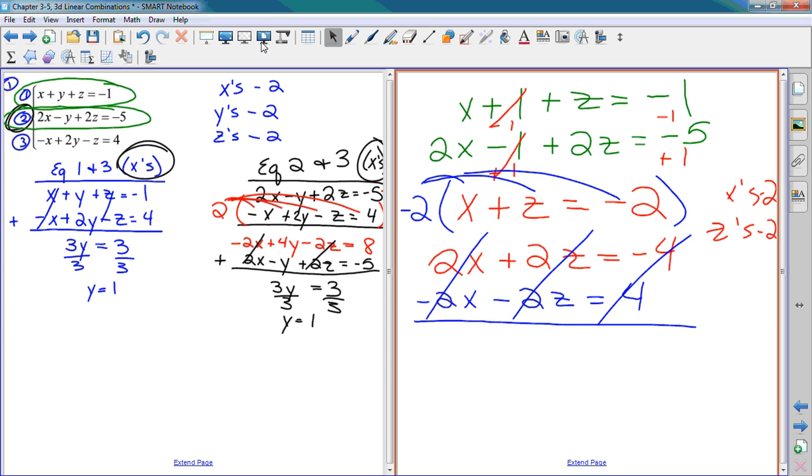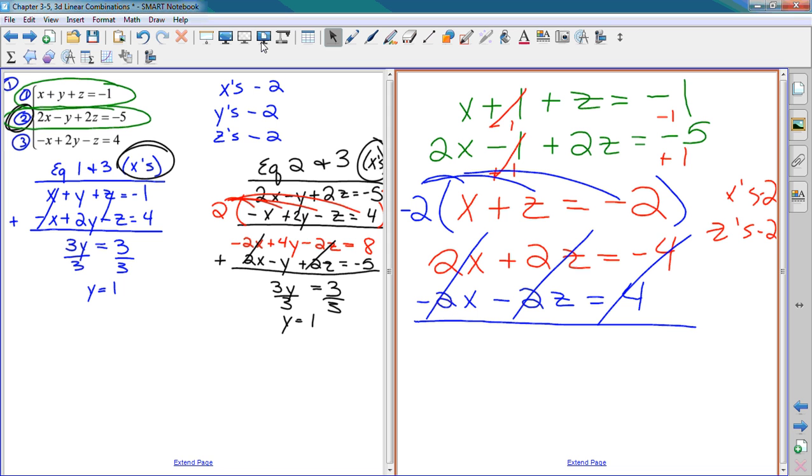Now you've got to find out what's going on. Either I have the same line, or I have lines that don't intersect. Which do I have? Look at the 3 equations. Which 2 are the same?